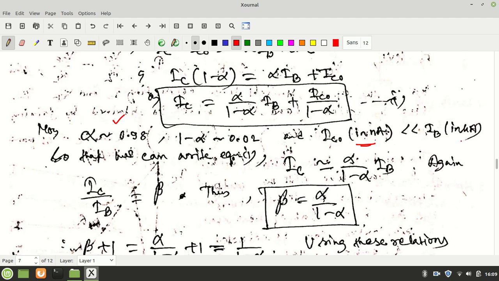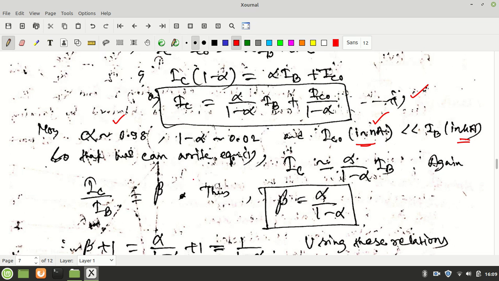IB is in microamperes, but ICO, the minority current, is in the order of nanoamperes. So you can approximate this equation like this. The second term is cancelled out, so IC is equal to alpha by 1 minus alpha into IB.